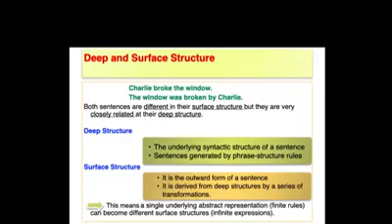It is derived from deep structures by a series of transformations. So the meaning that we make out of these two sentences is the same, but the way we realize this meaning can be done in different ways. Different ways, this is what we call the surface structure of the sentence.